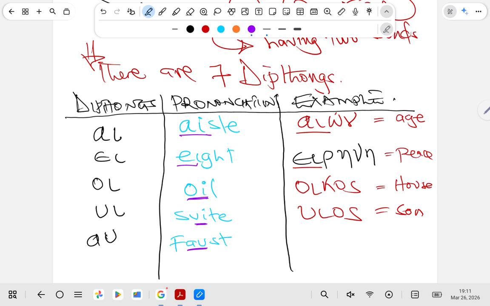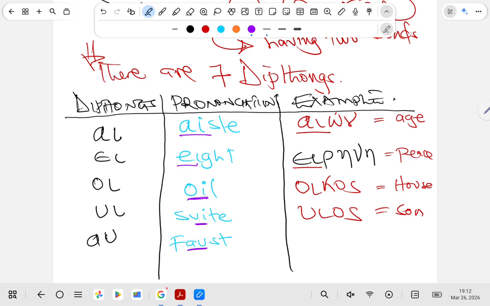Remember, each of the vowels has its own unique letters and it affects the sound in a word, if you remember lesson 3, the sound and the form. But when it's put together, each of these letters' sound is still present. That's why we call it a diphthong, because it is having two sounds.